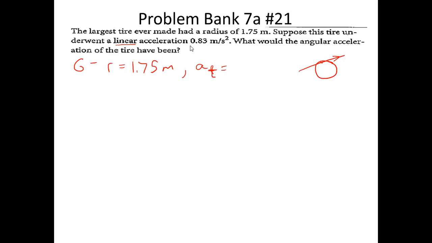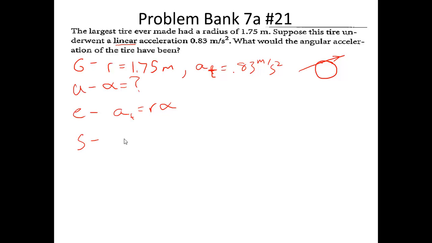So our tangential or linear acceleration is equal to 0.83 meters per second squared, and we want the angular acceleration of the tire. So unknown is alpha, or angular acceleration. Our equation, same as before. Our tangential acceleration is equal to our radius times alpha.